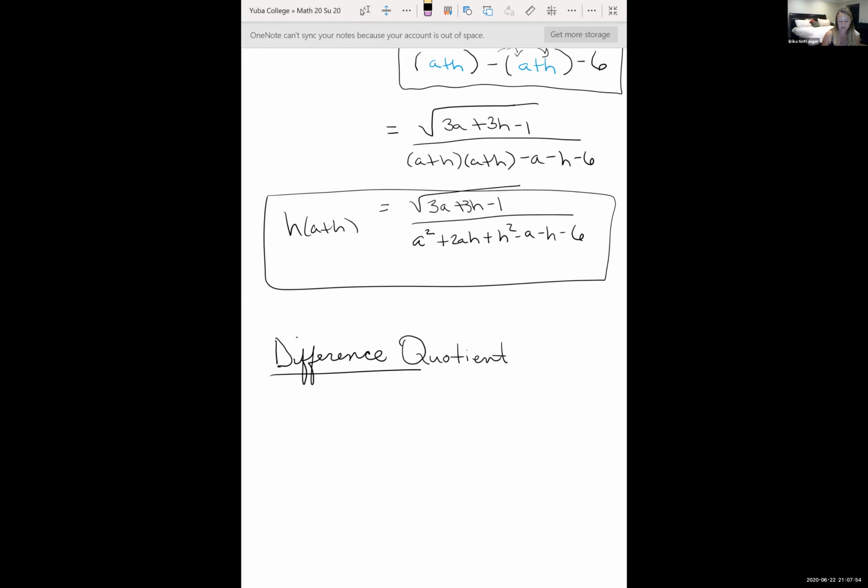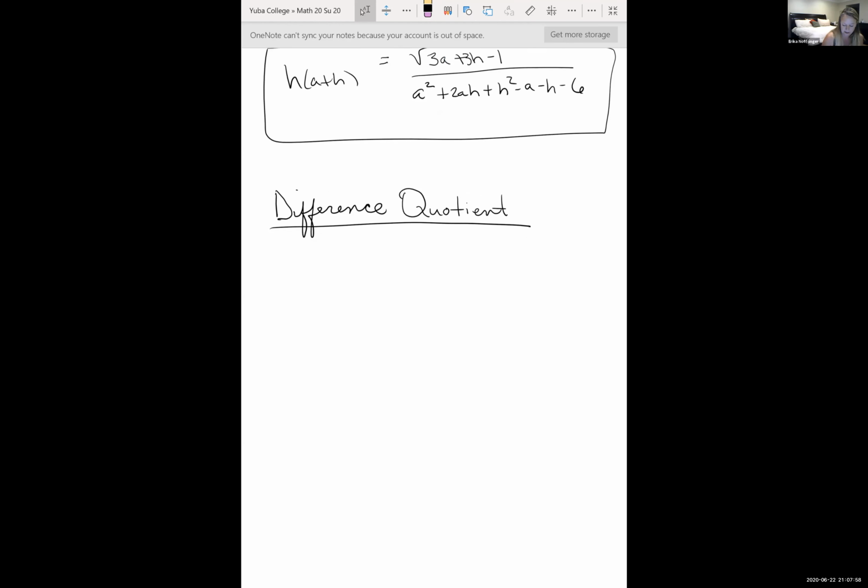The difference quotient is the following: f of x plus h minus f of x all over h.